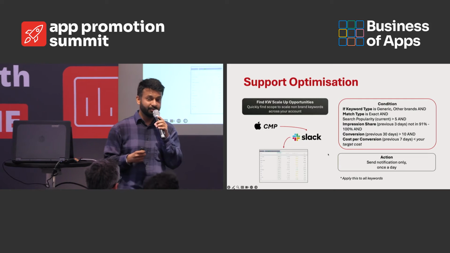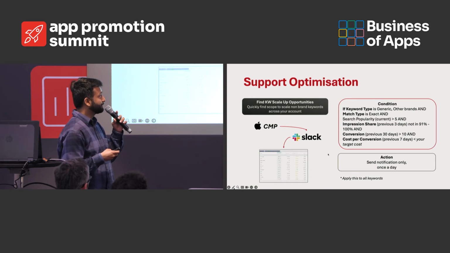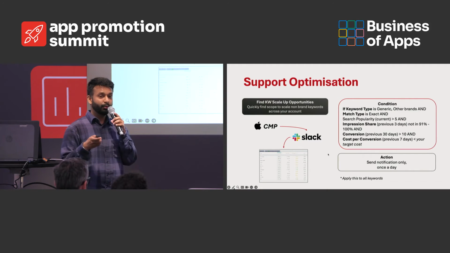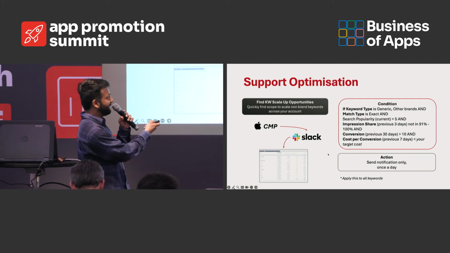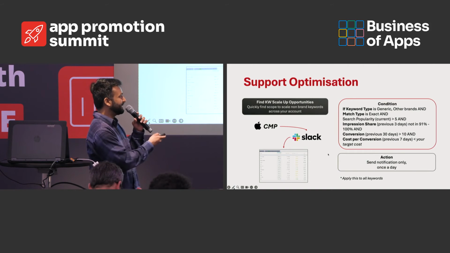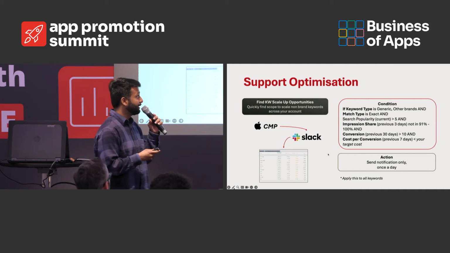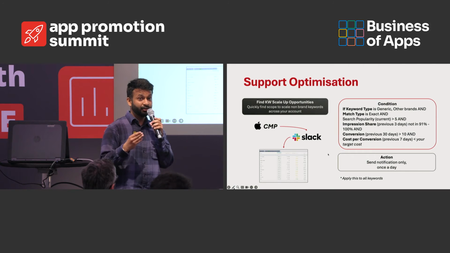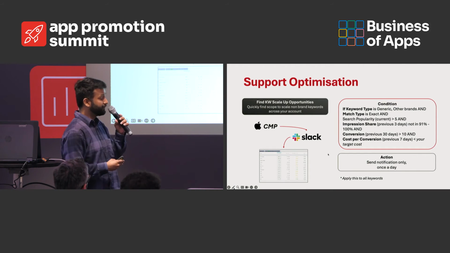You can create a condition where if keyword match type is generic or other brands, and your match is exact, and you have more than 5 search popularity on a keyword, and then if such keywords face less than 91% impression share, and your conversions on keywords is less than 10, that defines that the keywords that you are shortlisting are high value, and your cost per conversions on such keywords is lower than your target cost per conversions, that means there is scope to increase your bids on such keywords.